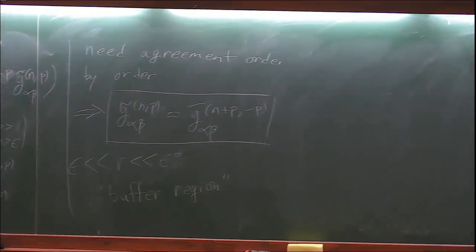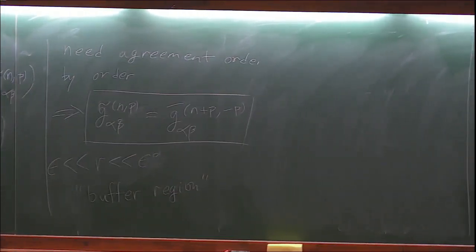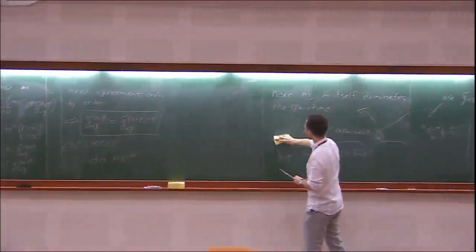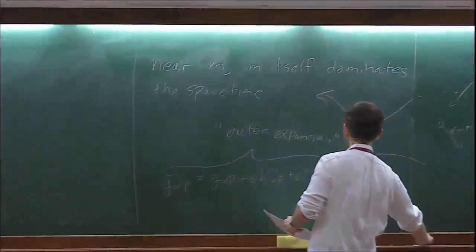Actually, you should make this object way, way smaller to make this a little bit more accurate. So we've got a very, very small object, little m. We have this little region around it with distances of order little m. Then we have a region that's large compared to the size of little m, so r is much bigger than epsilon, but it's still small compared to the external length scale. So let me make this also dramatically bigger.